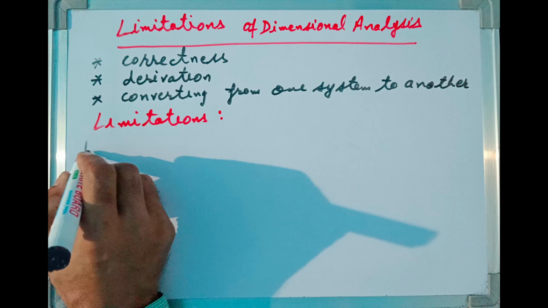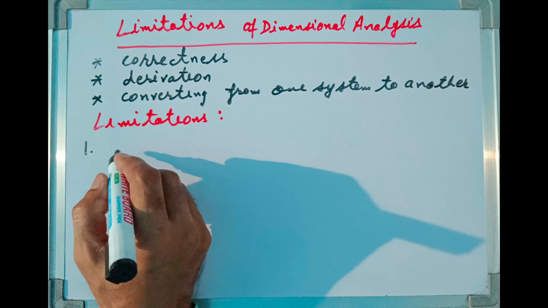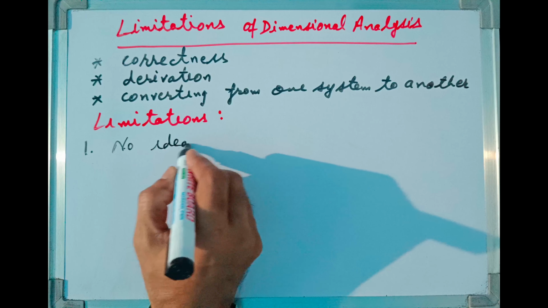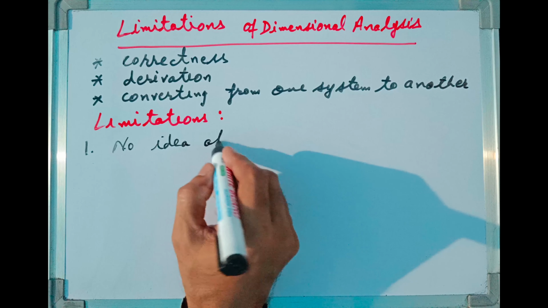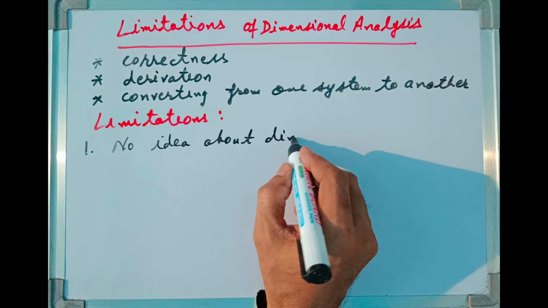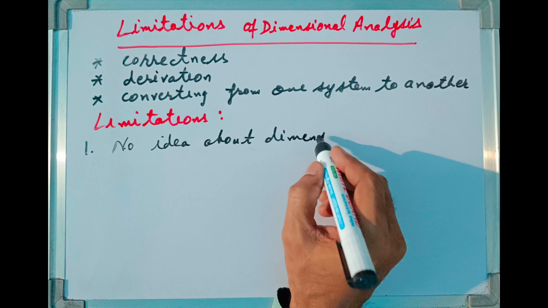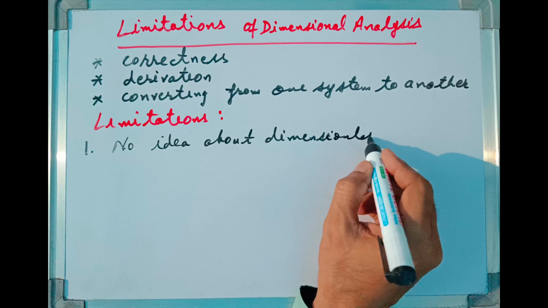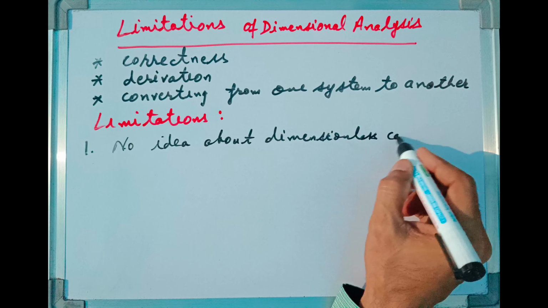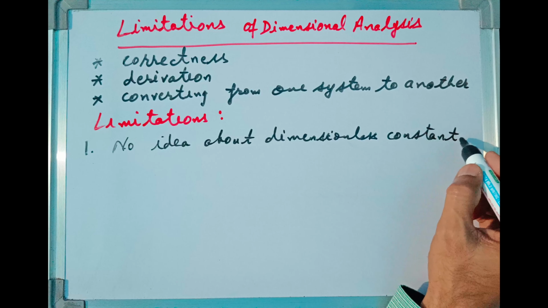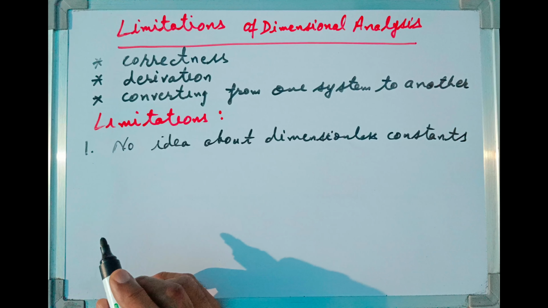First limitation is it gives no idea about dimensionless constants. No idea about the values of the dimensionless constant.